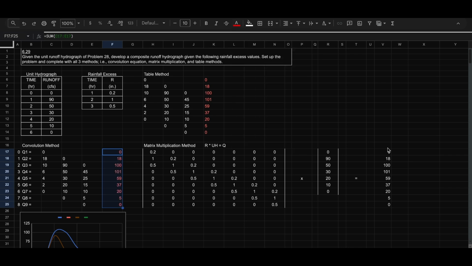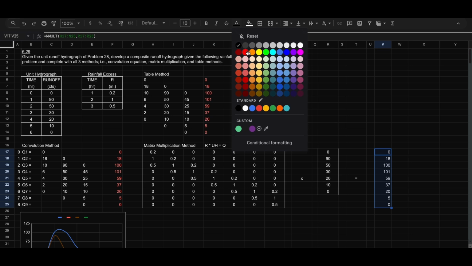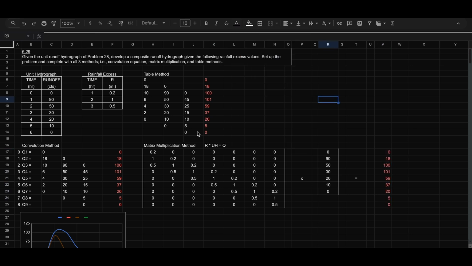Those are just three different approaches to perform a composite runoff hydrograph. So this is how you work with hydrographs and unit hydrographs. Hopefully the concept of a unit hydrograph makes more sense to you.